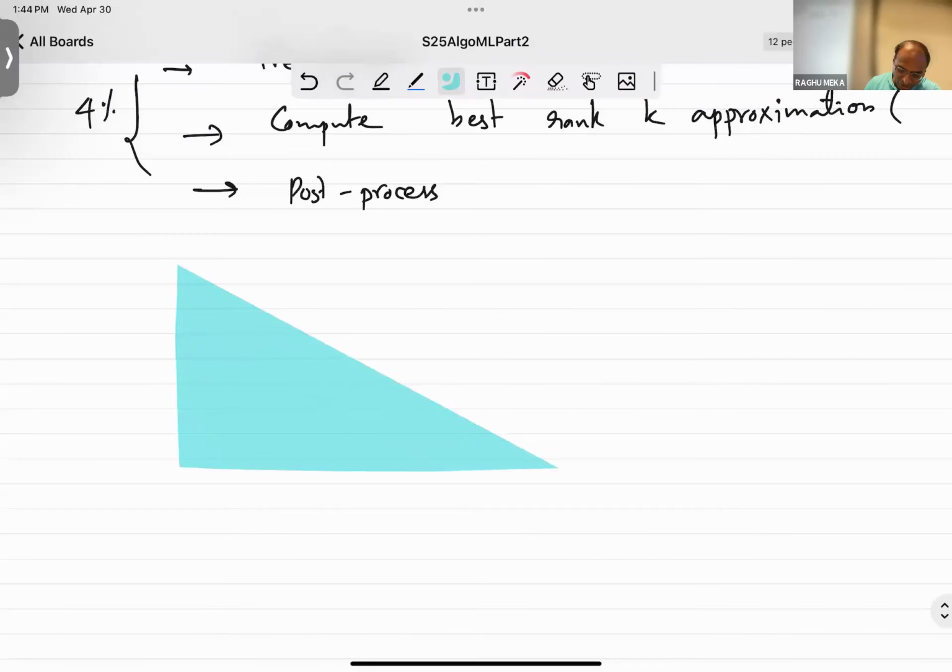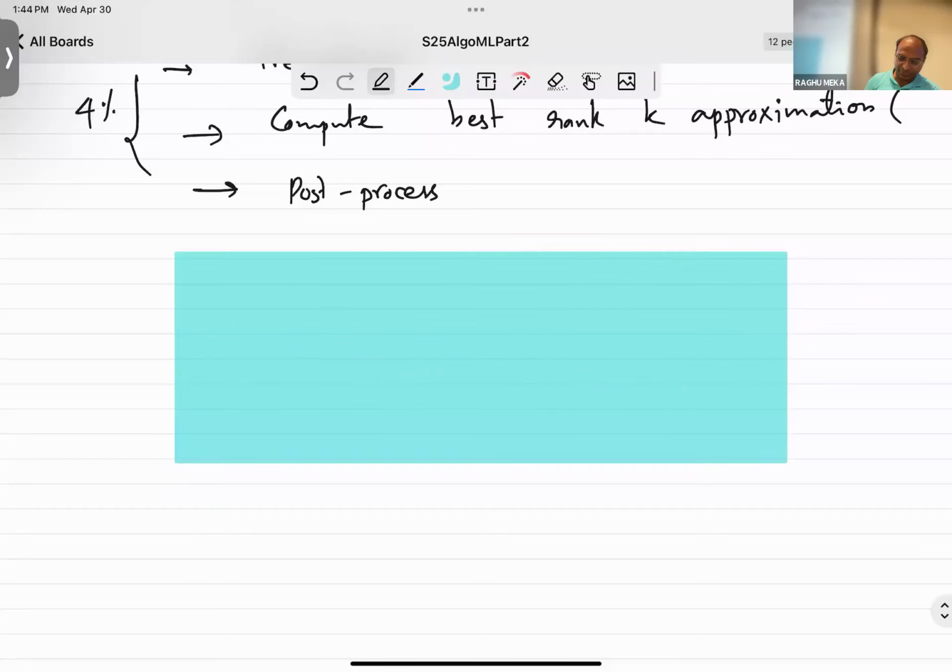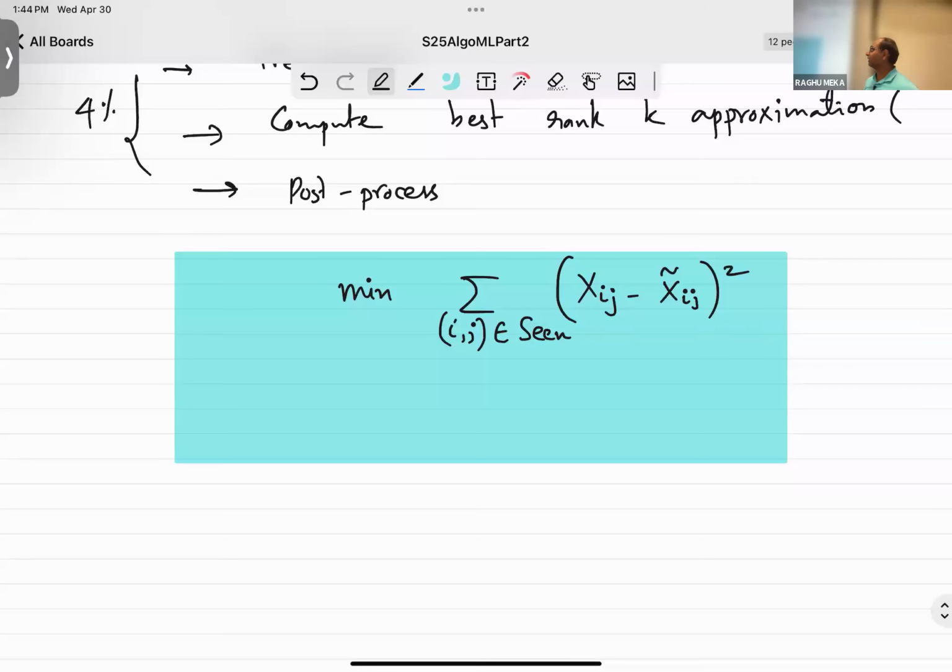So one optimization problem I can write down is the following. My goal is to minimize the, okay. Give me a matrix which agrees with the seen entries as much as possible while being low rank. That's a good sort of abstraction of the ML problem that we are trying to solve.